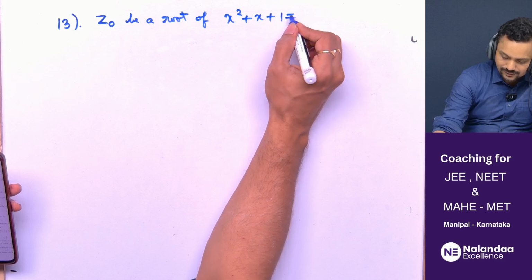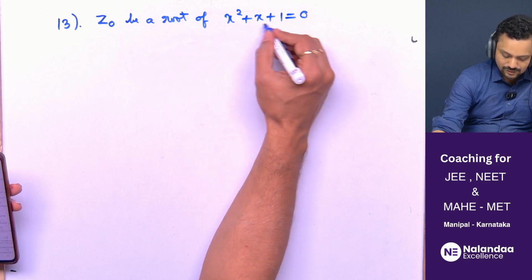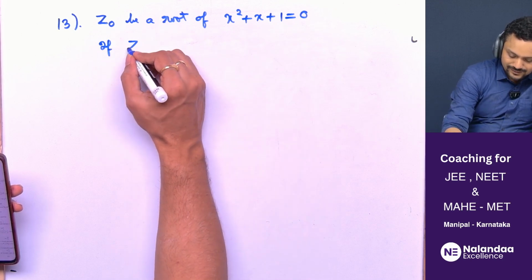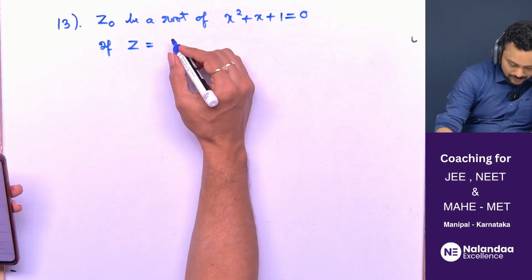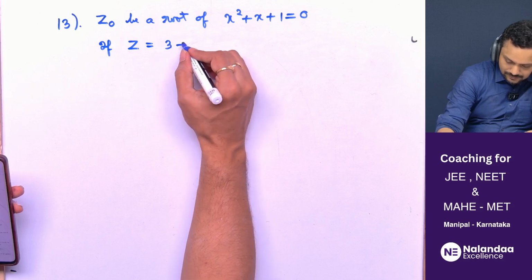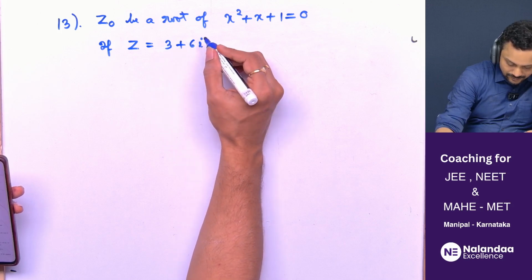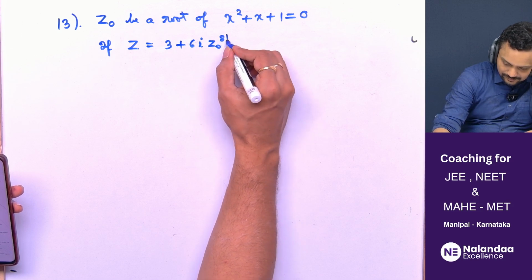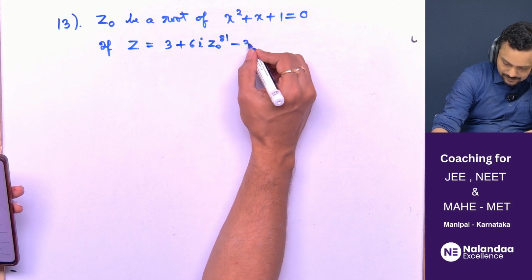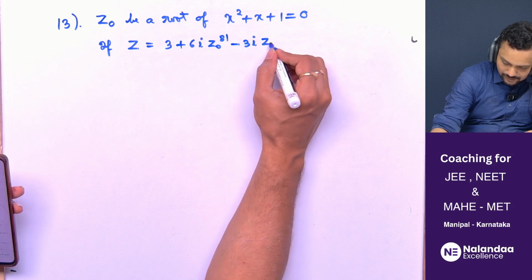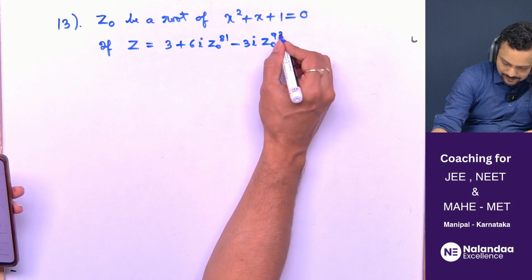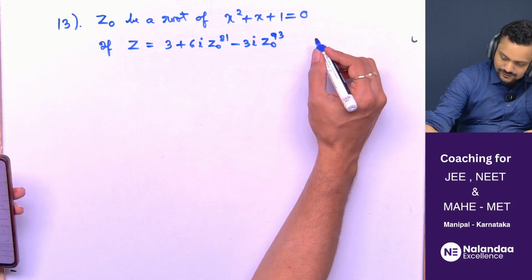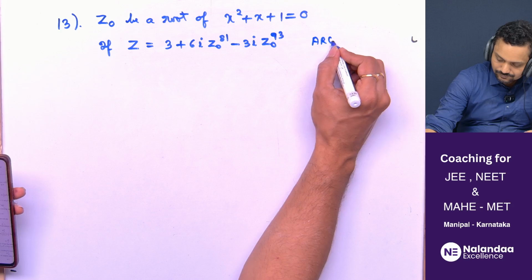They are saying if z is equal to 3 plus 6i into z naught power 81 minus 3i into z naught power 93, then what is the argument of z?